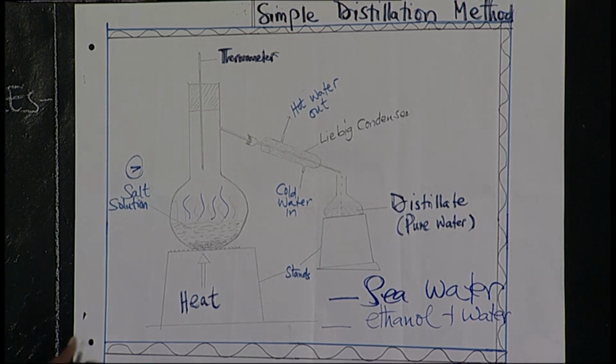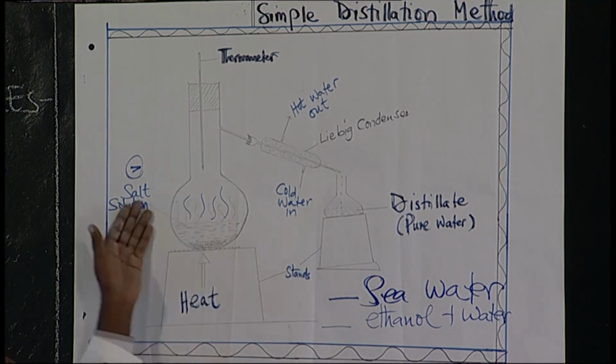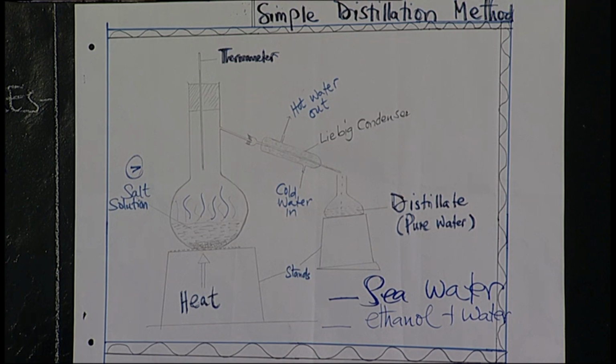Remember, the salts have a high boiling point, so they remain behind. You therefore have the water vapor, which is distilled into pure water. So this is the simple distillation.